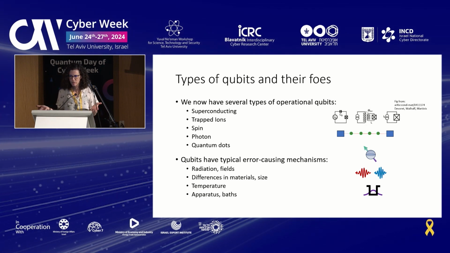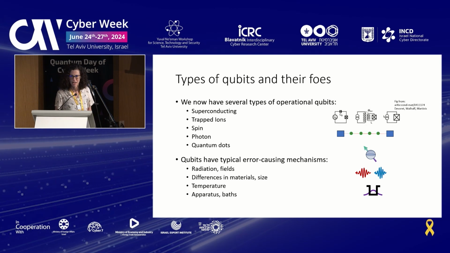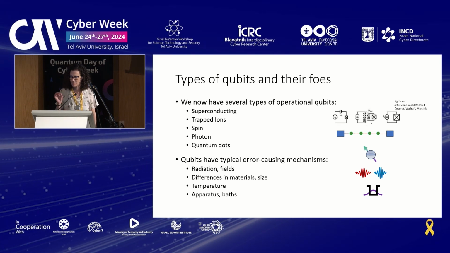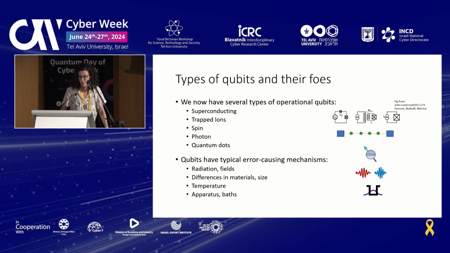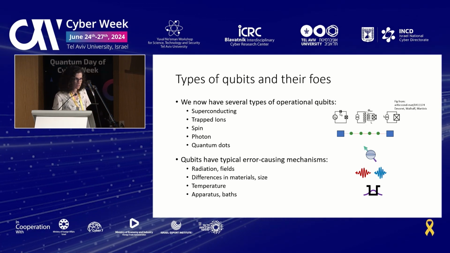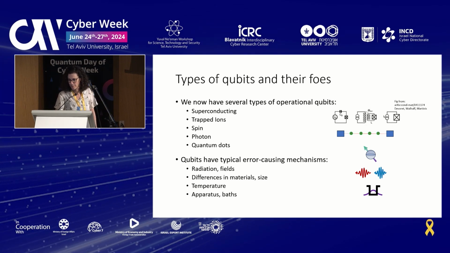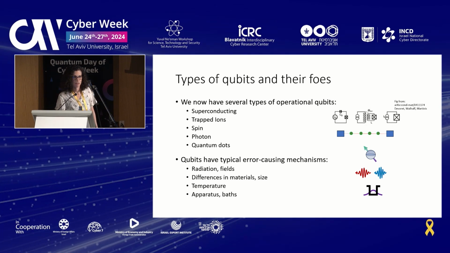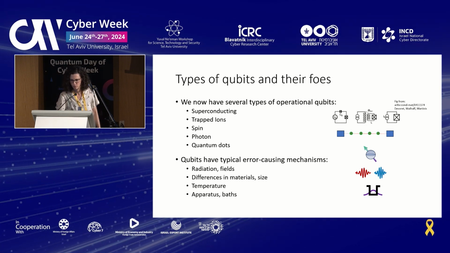And each of these is a physical system that has its own sensitivity, and it has its own source, or maybe several sources, mostly several sources, of errors, okay? Things that couple to the system, that the system is sensitive to and causes errors, and basically displace the state, take away the control over the state of the system.